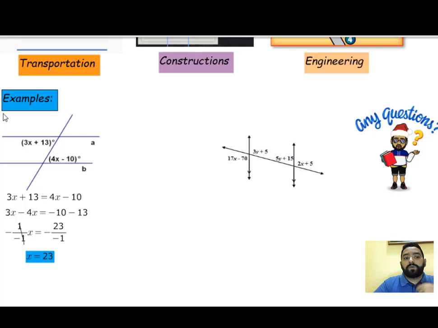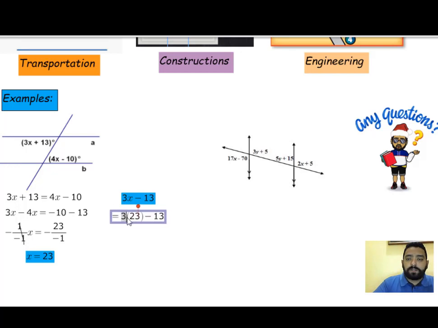So what do we have to do? We need to take one of these angles. In this case, you can take this one or this one. I'm going to take the first one, which is 3x plus 13, and we are going to substitute the value of x, which is 23. It's going to be equal to 3, we open parentheses, we put 23 instead of x, plus 13.